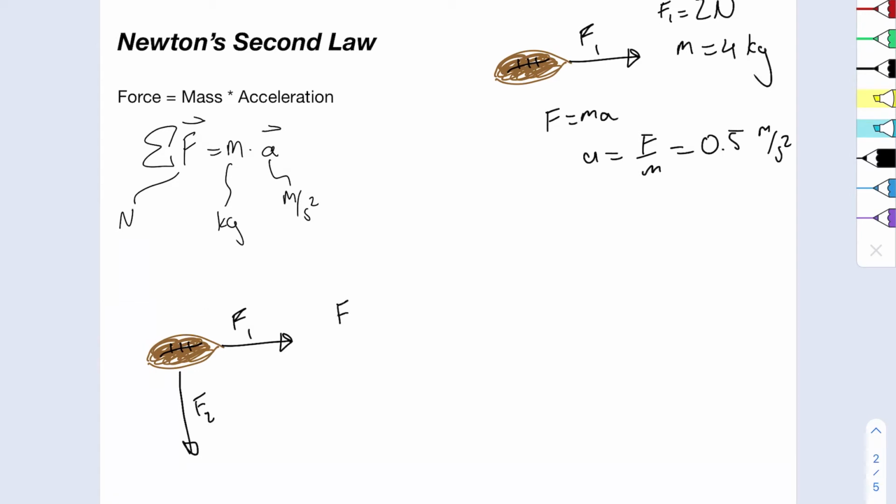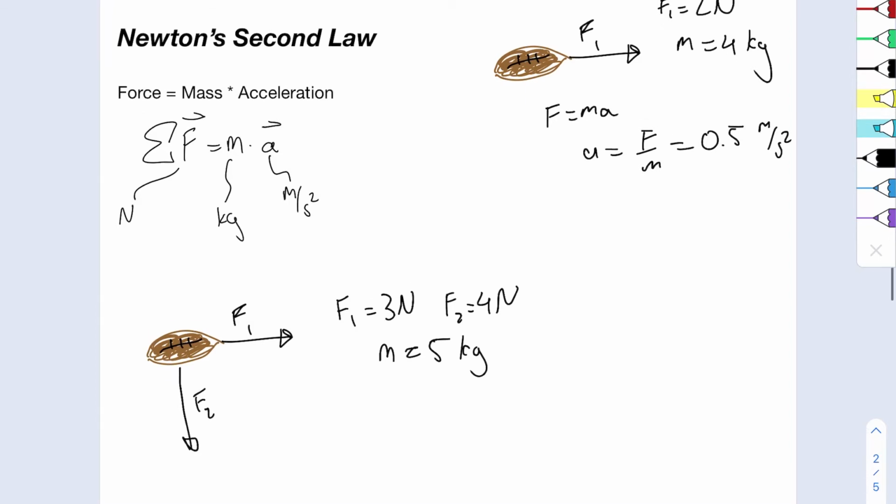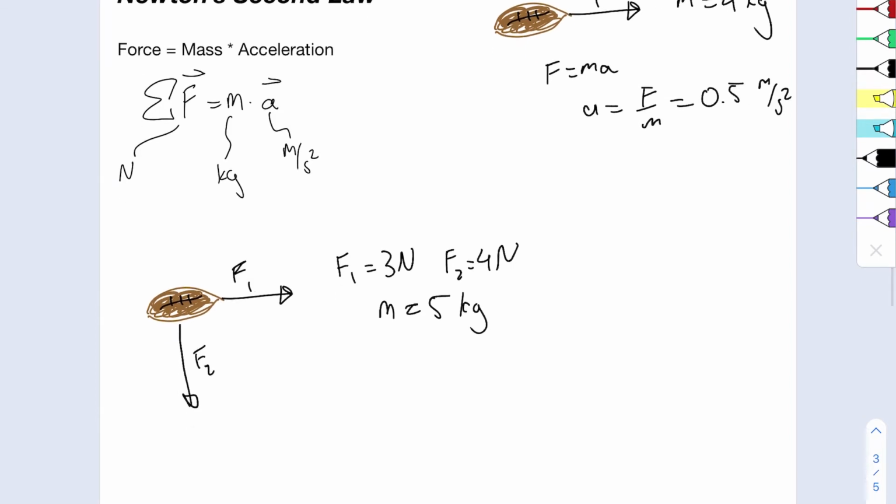Now let's say that F1 is equal to 3 newtons, F2 is equal to 4 newtons. And let's make the mass 10 kilograms.